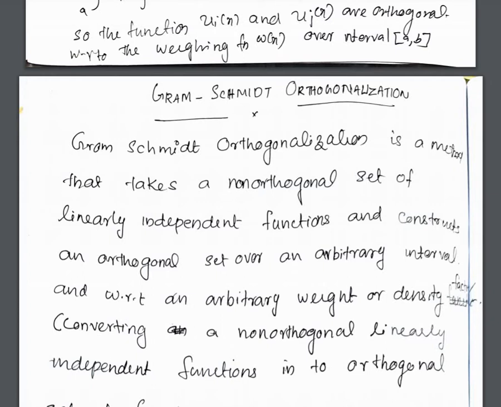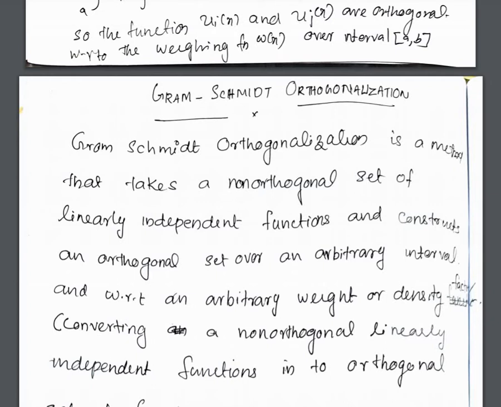linearly independent functions. So in the Gram-Schmidt orthonormalization, we are converting linearly independent functions that are not orthogonal into orthogonal functions.